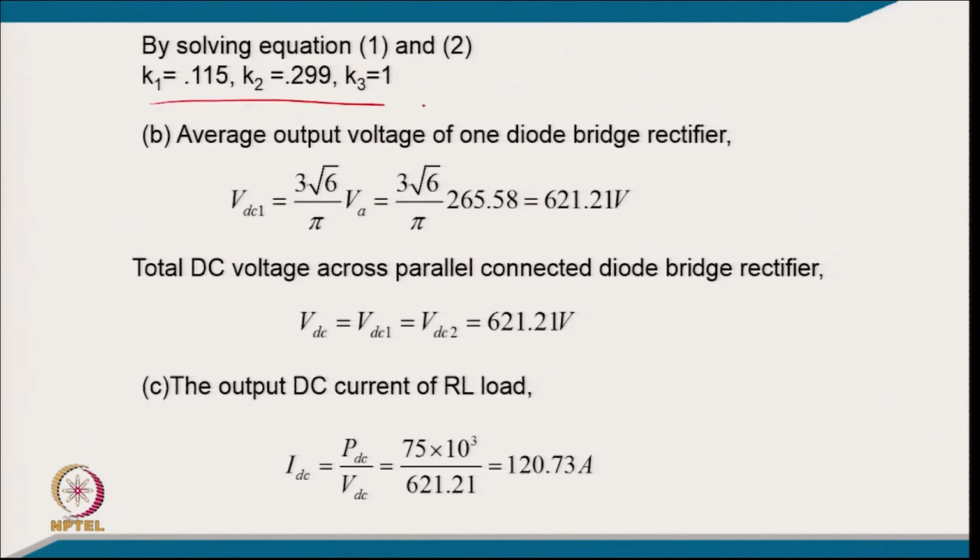So, we are able to get the K1, K2, K3 constants from the design, and once we know the voltage applied, we can get your DC link voltage, and then we can get the current in the load once we know the power and the DC link voltage.